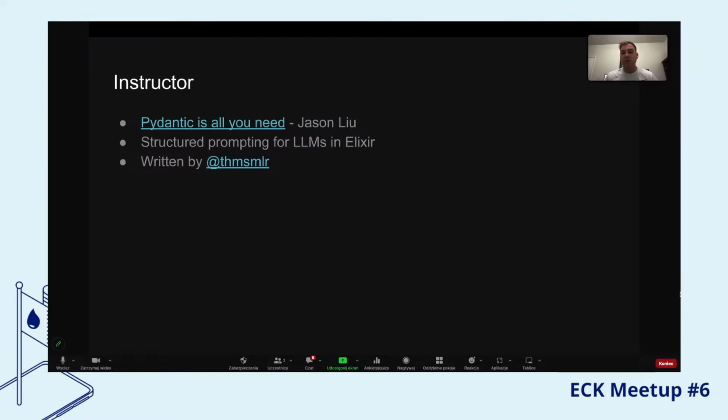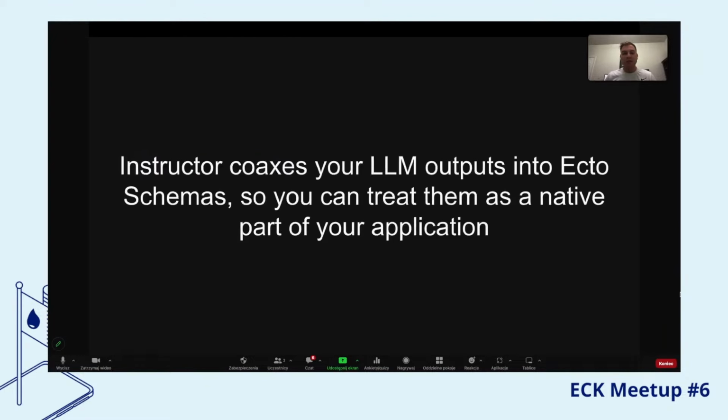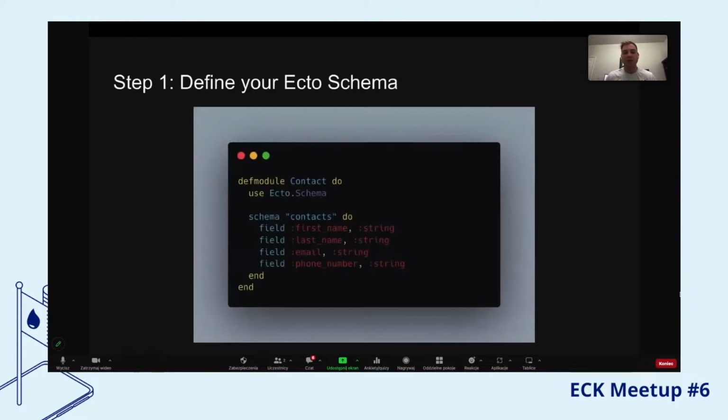And it's an exact clone of what Instructor is for the Python ecosystem, but written in Elixir. If you're a JavaScript fan, there's also an Instructor library for Zod, I think it is the modeling library in JavaScript. So just an interesting tidbit. But Instructor is something that you can replicate across a number of different languages because it's a relatively simple concept. So as I stated before, what it does is it coaxes your large language model outputs into Ecto schemas so you can treat them as a native part of your application.